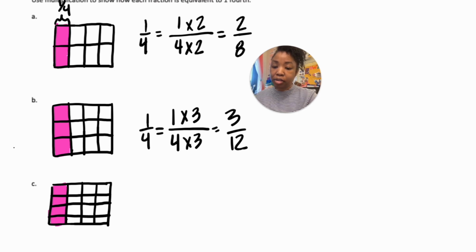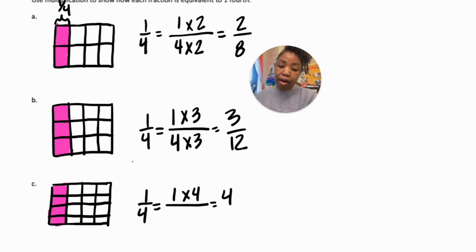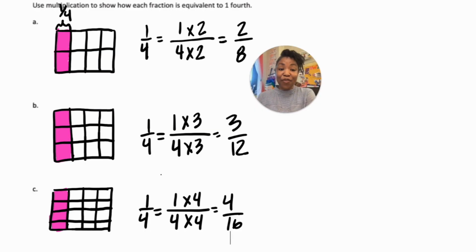See how that part? Now it's 4 times. It increased 4 times. So we had 1 part times 4. Now we have 4 parts. We have 4 parts total times 4. Then we have 16 parts. So 1/4 equals 4/16.